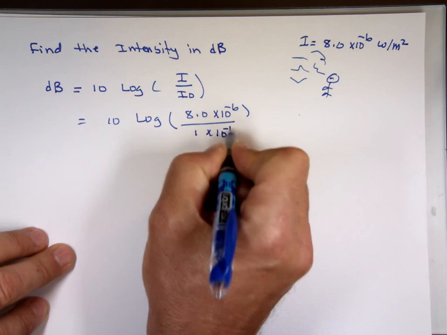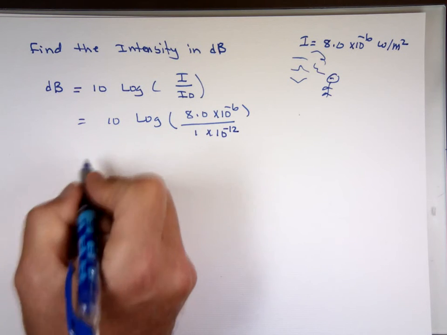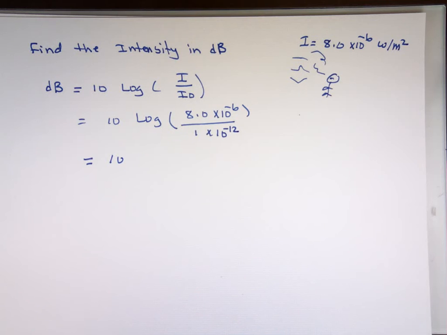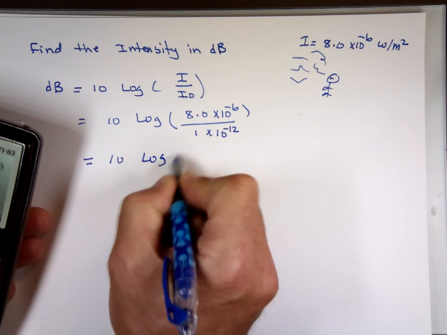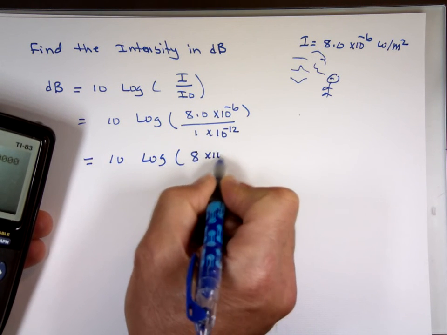So 8.0 e to the negative 6 divided by 1 e to the negative 12 is 10 log of 8 times 10 to the power of 6.